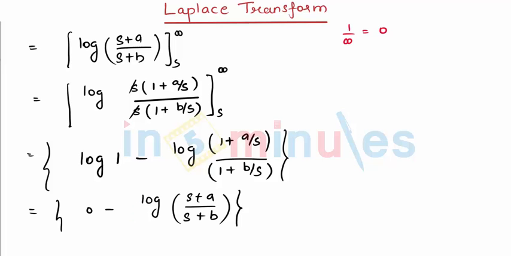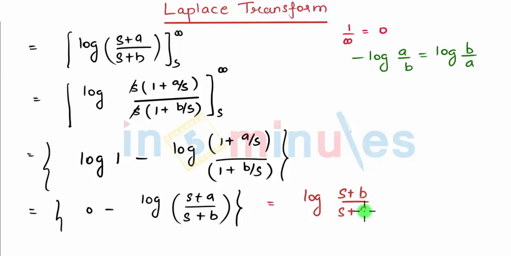Now we know if it is minus log of a by b, we can directly write it as log of b by a. So which gives me my final answer, that is log of s plus b divided by s plus a. So that's my final answer.